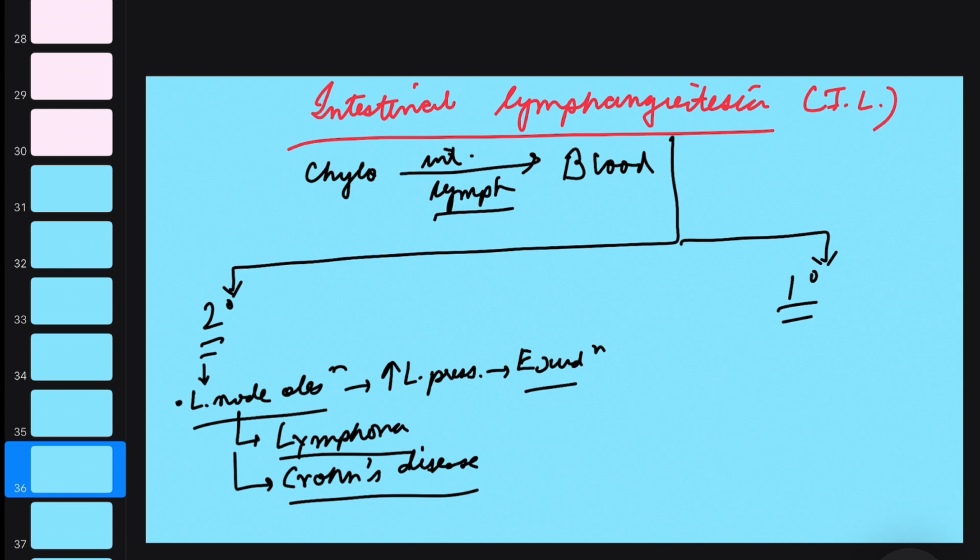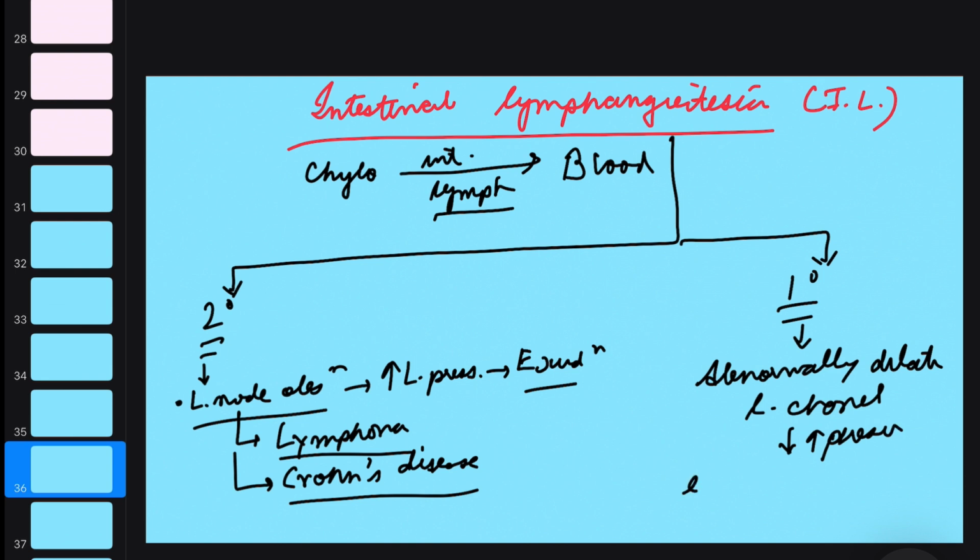Okay. What is the primary thing? Primary, we don't have an actual cause for this, but due to some defect, there is an abnormally dilated lymphatic channel, which means that there is increased pressure, and thus there will be exudation in the intestinal lumen. Understood?